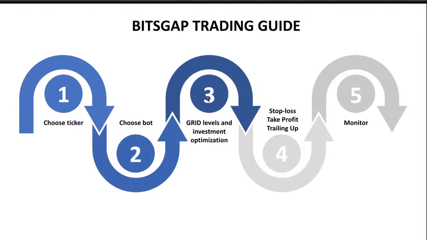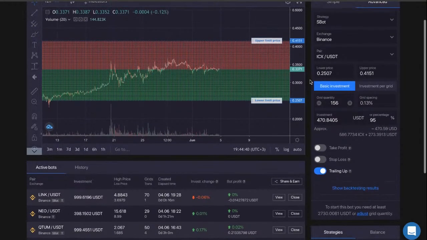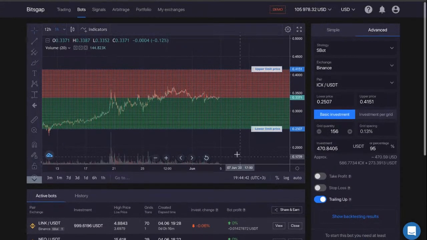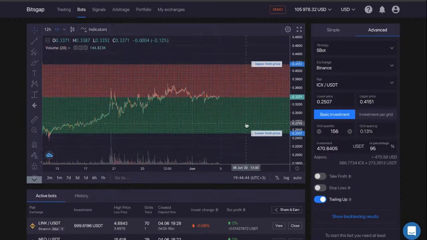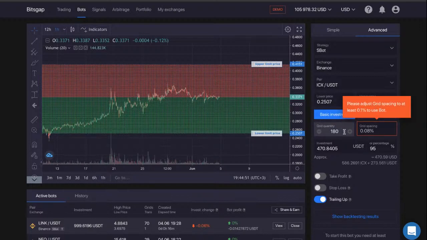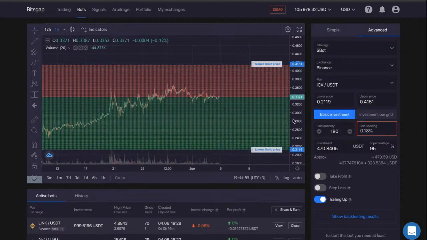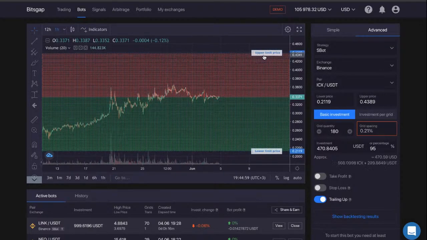The third step would be to adjust grid levels and adjust your investment. So let's say if you want to have as many grid levels as you want, the maximum amount here is 180. All right, so you see that in order to initiate, I have to adjust my trading range to make it a little bit wider.